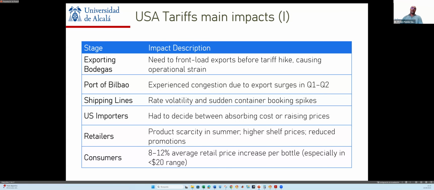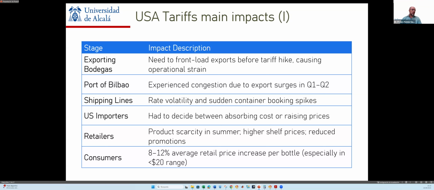So which were the impacts? The impact is that the exporting bodegas need to front load exports, and many of them did that. So at the beginning of the year they were warned about the possibility of having new tariffs, and they tried to push the production directly into the market. From the logistics perspective, this is really interesting because in many supply chains, the product is created when the demand is coming.